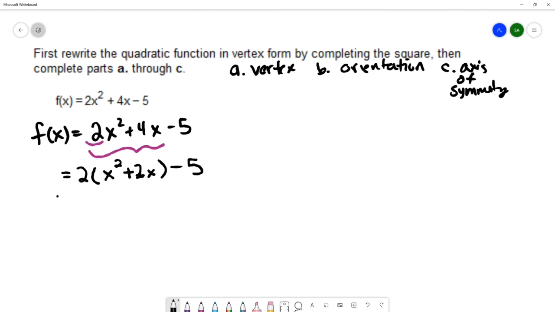I'm going to rewrite this, leaving a little bit of space inside the parentheses for the completing the square process.